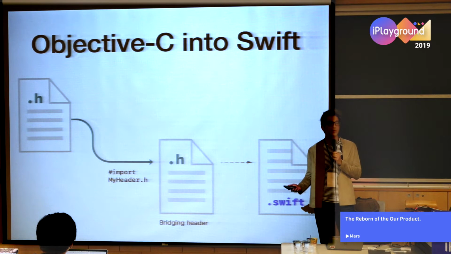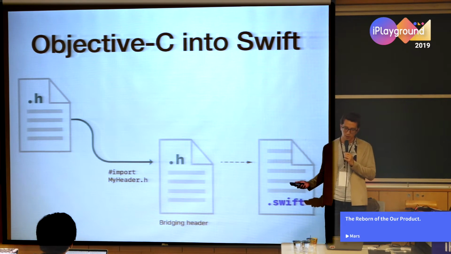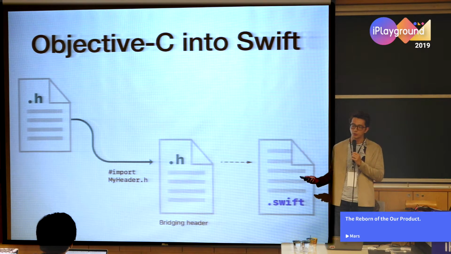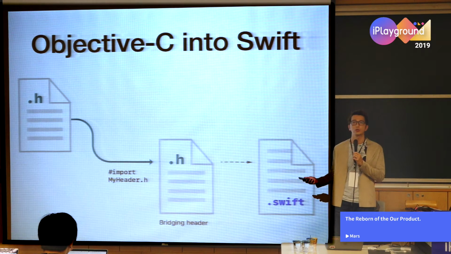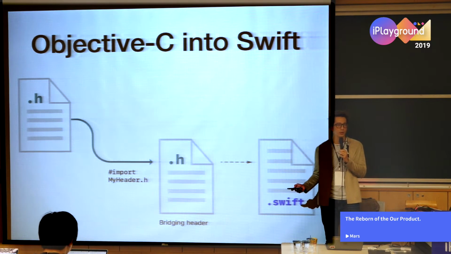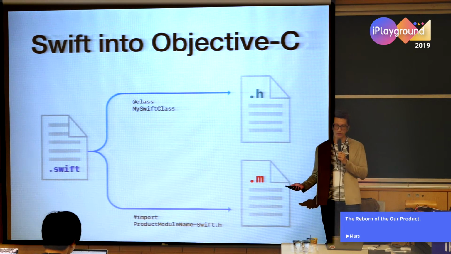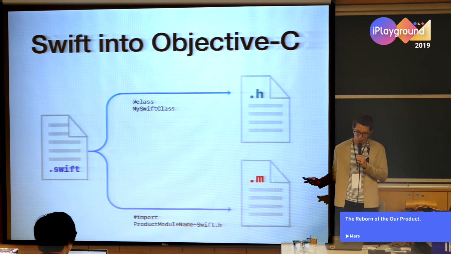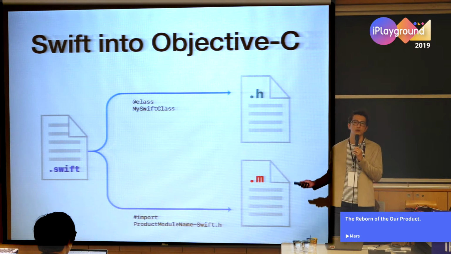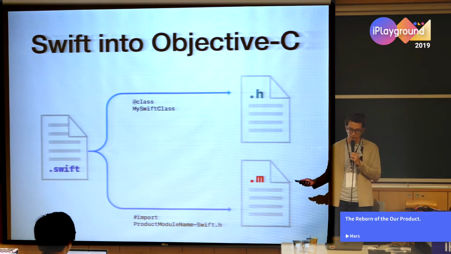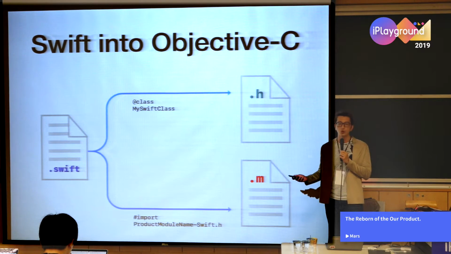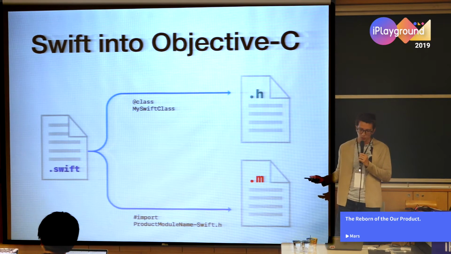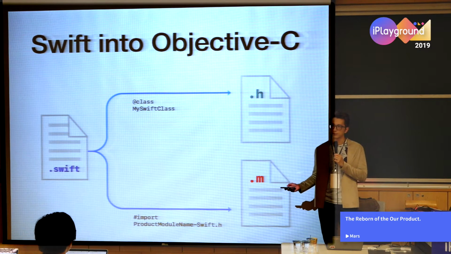When making a mixed language app, it's easy to use Objective-C declarations from your Swift code. However, if we want to access Swift types and declarations from within your Objective-C codebase, we have to make some changes to the Swift declaration for it.